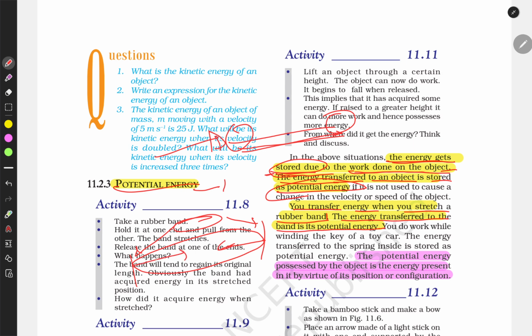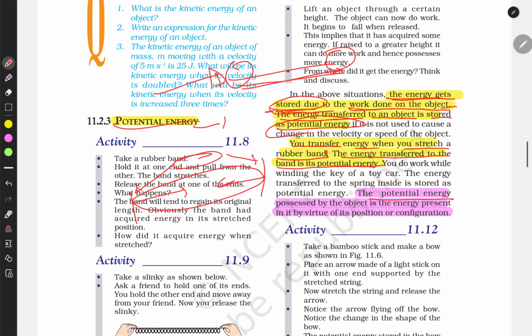Potential energy possessed by an object is energy present by virtue of its position and configuration. This is most important. See, its position is now elongated. We did work to change its position, and in this position it wants to compress again.